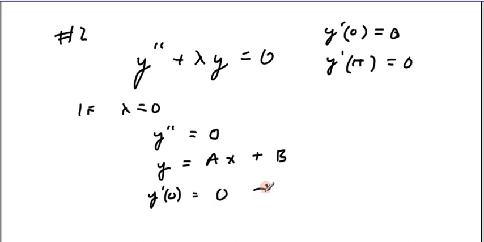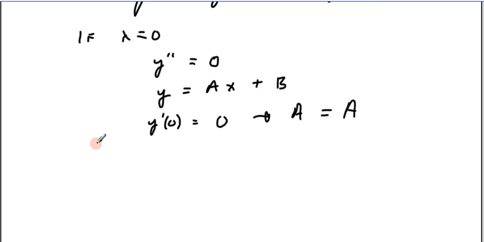So that implies that a has to be 0. So that being the case, y prime at 0 is going to be 0.